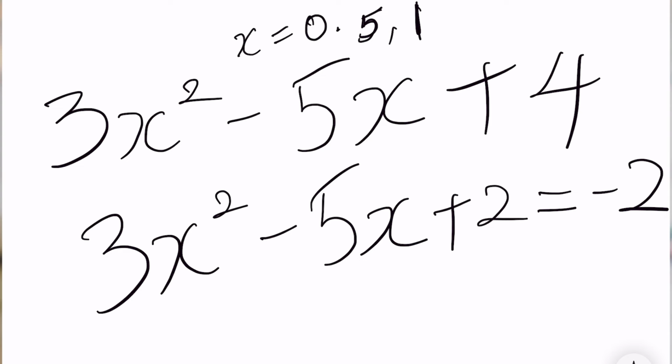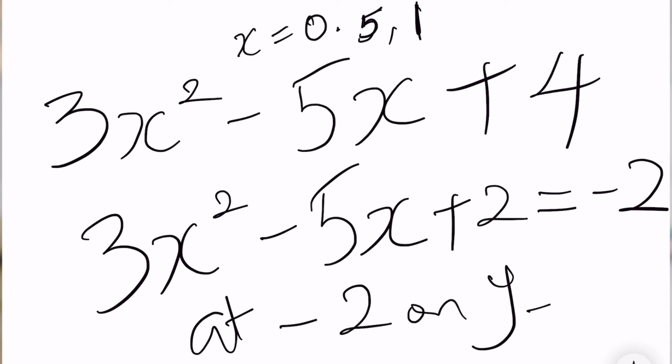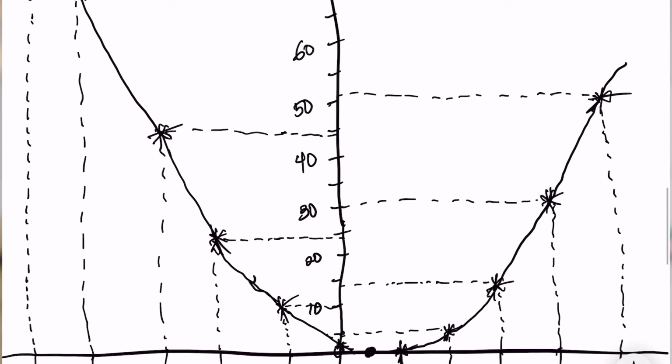It can easily be written as that. Now, we look at where the graph meets the line y equals minus 2. So we have to look for minus 2 on the y-axis.